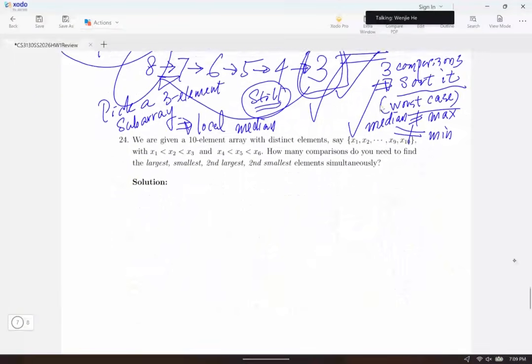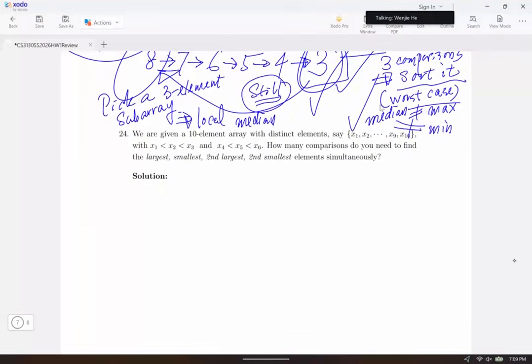Next, number 24. A 10-element array, and two small ordered subarrays.